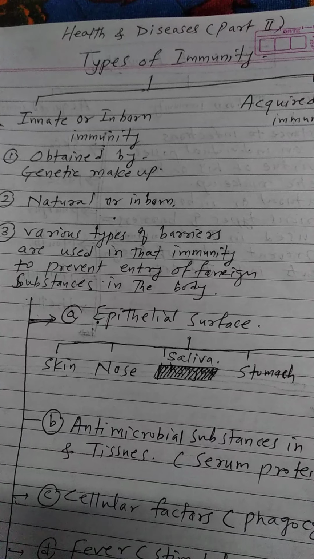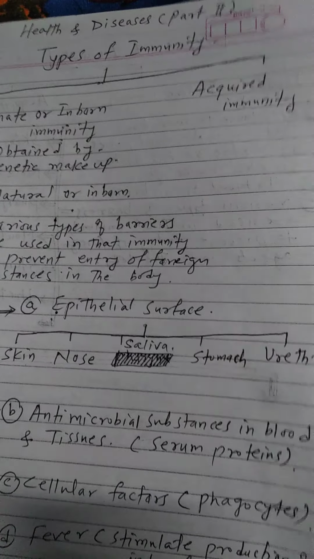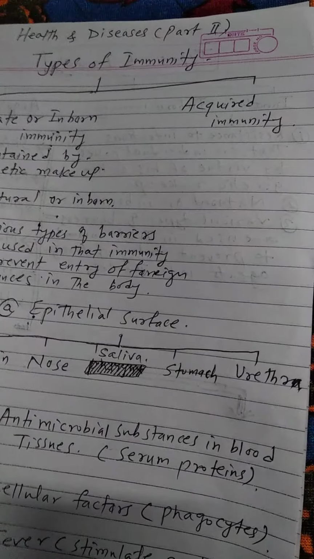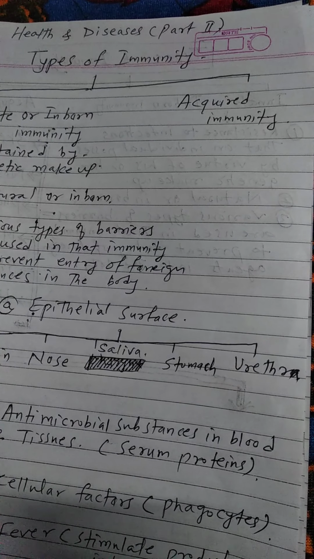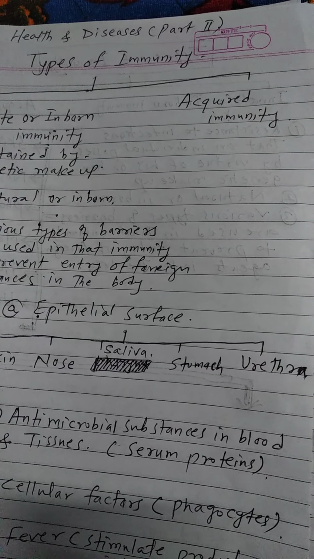Fourth, stomach. In the stomach, the gastric glands are situated. These glands secrete enzyme and dilute HCl. This dilute HCl prepares the acidic atmosphere in the stomach.